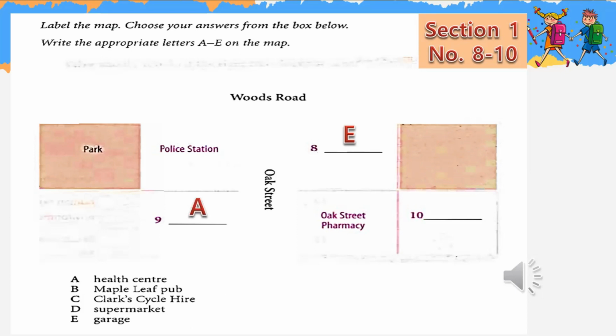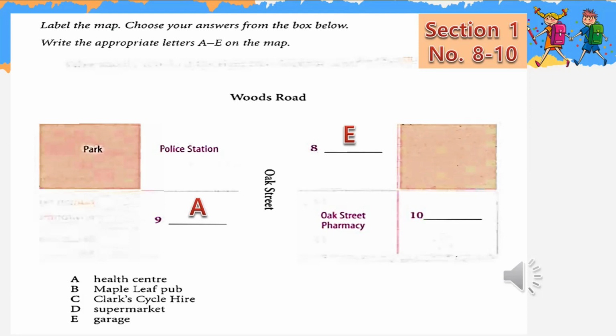And then the last answer, for number 10 here, Kate says we are just behind that. In this context, we means, for example here, Clark's cycle hire. Okay, the phrase opposite the health center is the clue. The clue is the opposite of the health center.